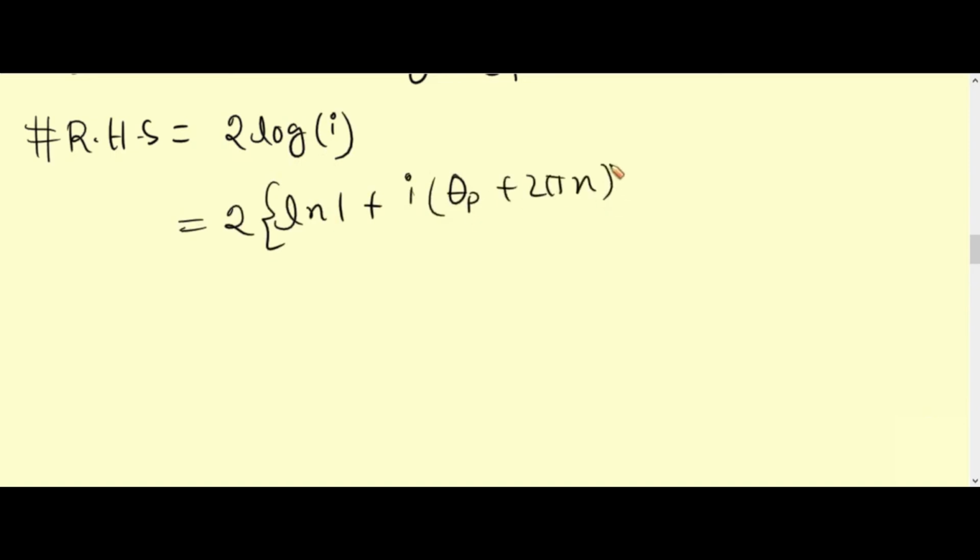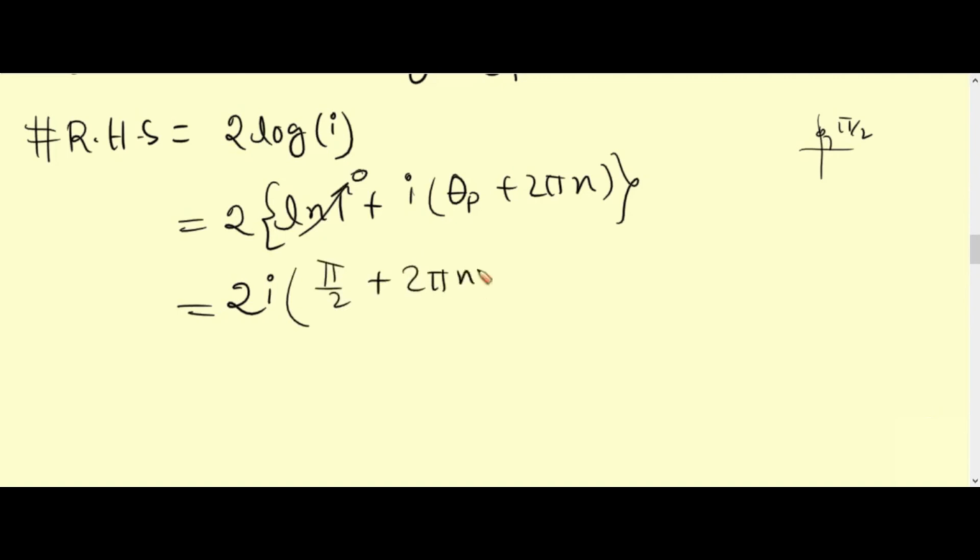I'm just writing it symbolically and I'll put the values soon. So 2 ln 1 is just 0, 2i times this, which is just i, right? So i is just over here, and the principal argument is just π/2, or plus π/2 to be exact. So this is plus π/2, and we have our 2πn.